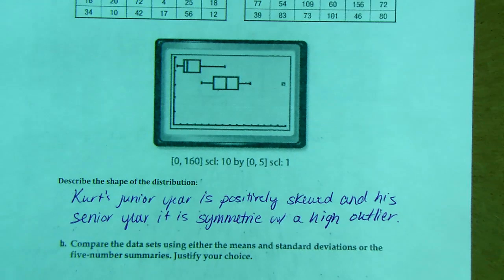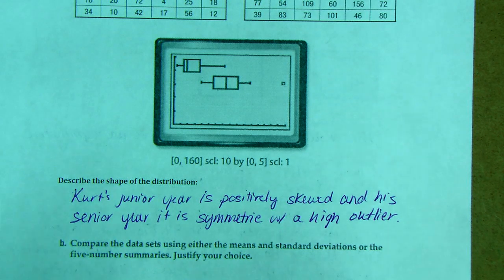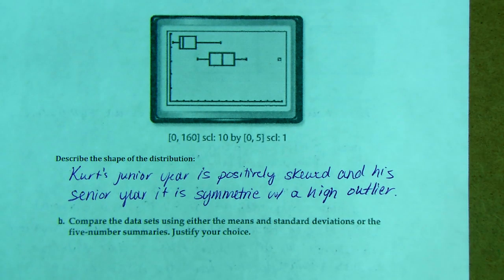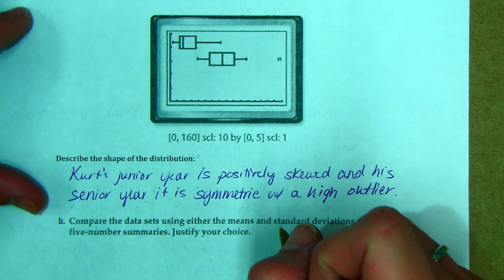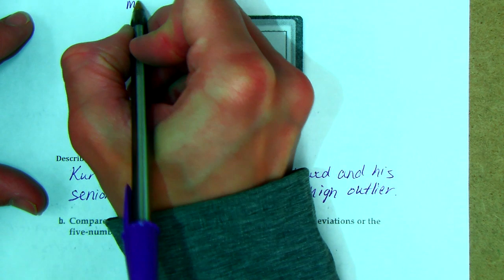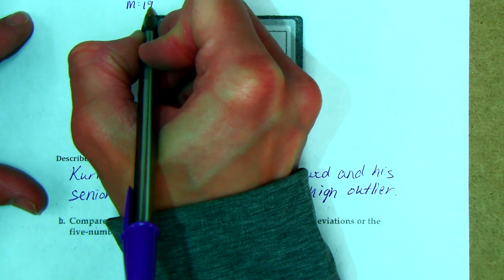Let's compare these sets of data. Now, I actually did not put them in the calculator, but I put them in order because there's only 12 of them. I found that this median was 19 and quartile 1 was 14 and quartile 3 was 38.